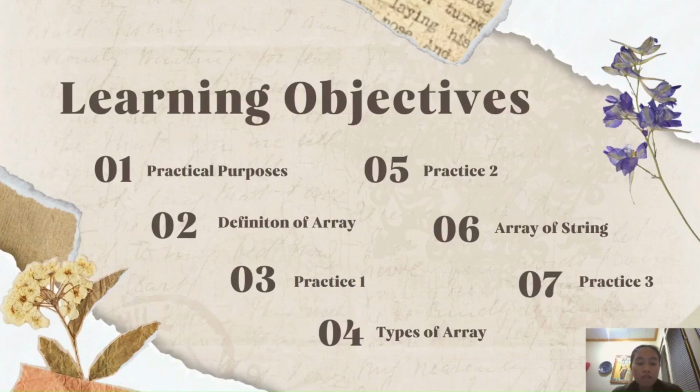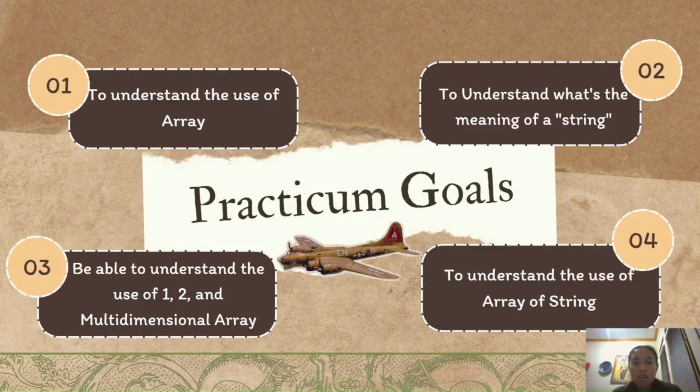On this video, there are 7 learning points: first, practical purpose, definition of array, practice 1, type of array, practice 2, array of string, and practice 3. As for practical purpose, we have 4 points: 1.